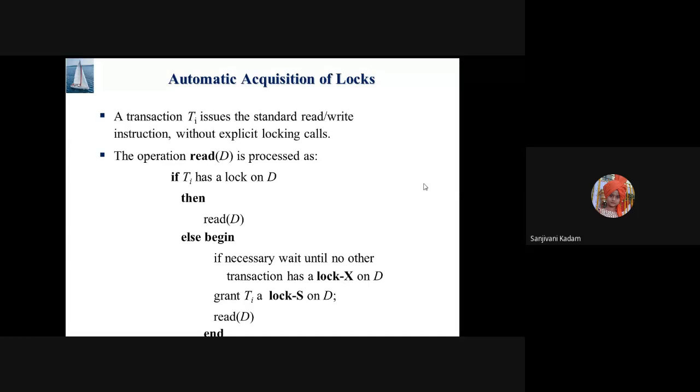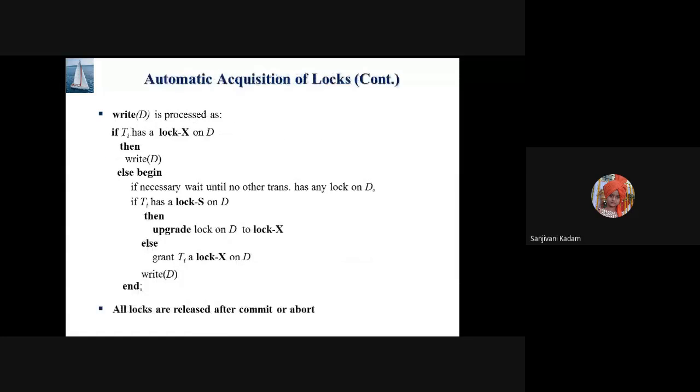If not, then this will send a request to the lock manager or concurrency control manager, and then it will check for compatibility, and on that basis it will wait for the request to be granted. So here we are not writing any exclusive lock statements. This is the main point in automatic acquisition of locks. This is regarding the read operation. This is regarding the write operation.